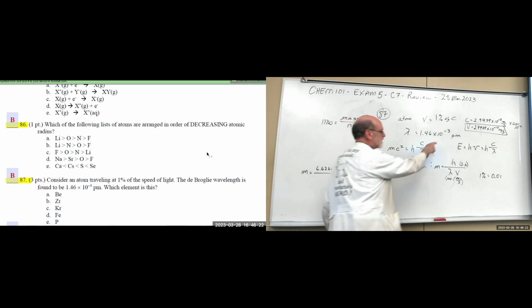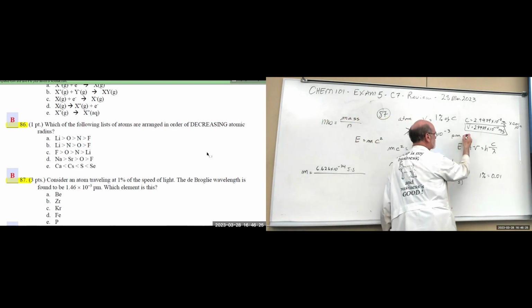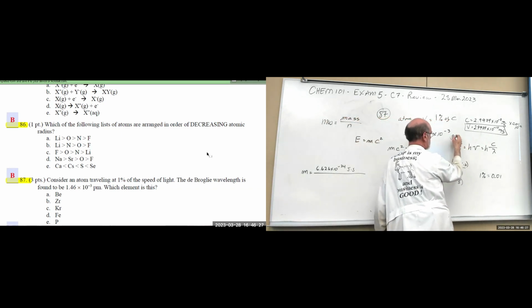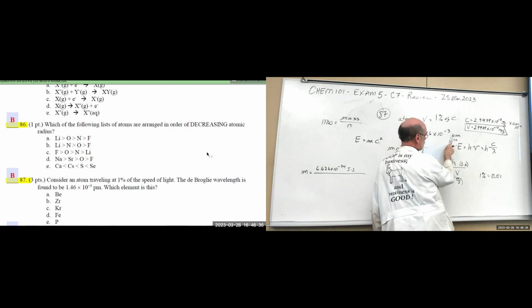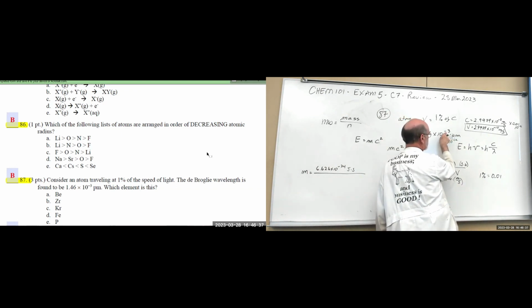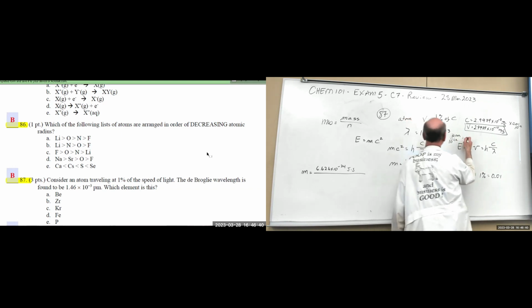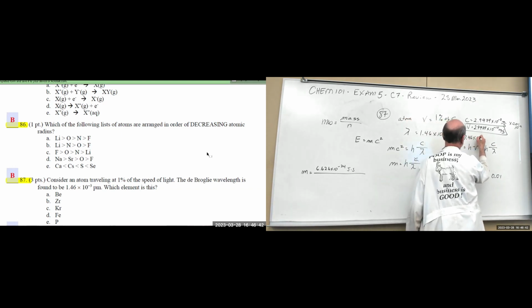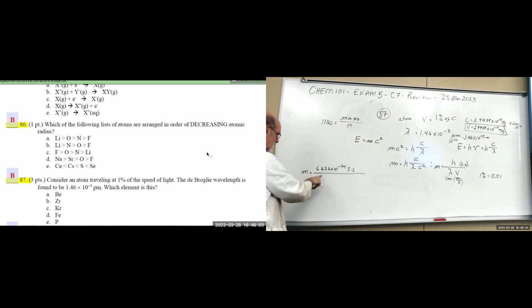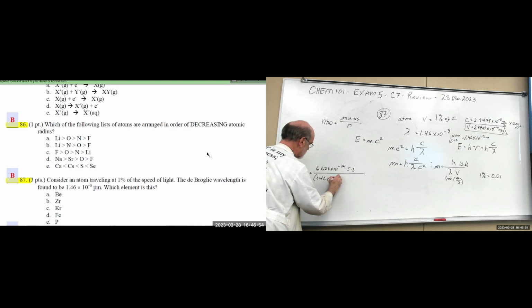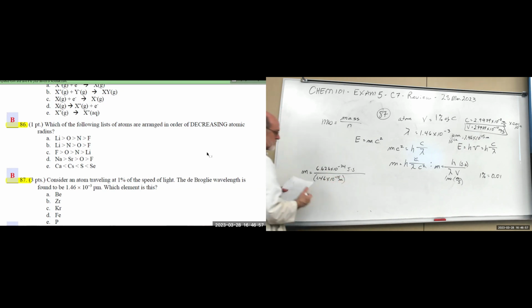The de Broglie wavelength is in picometers, which has to be in meters. A pico is 10 to the minus 12, so 10 to the minus 12 times 10 to the minus 3 is 10 to the minus 15. So that's 1.46 times 10 to the minus 15 meters, and that goes right here.